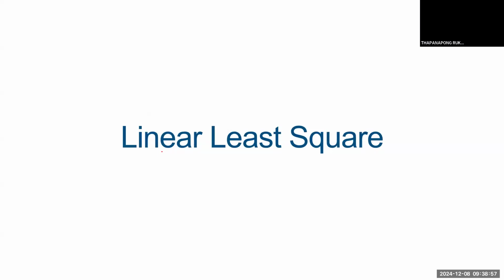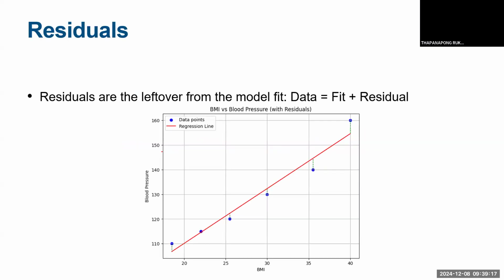So to find the best line, we have one method, and this method is called least squares. What does this method do? What we talked about earlier is the residual.